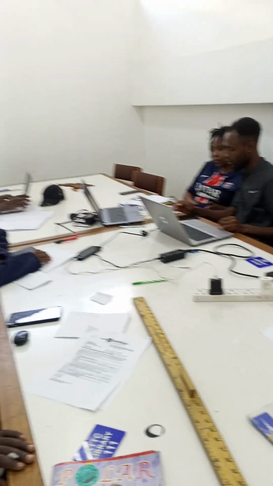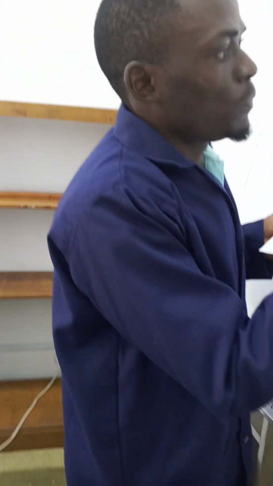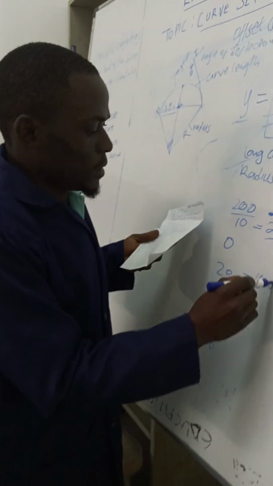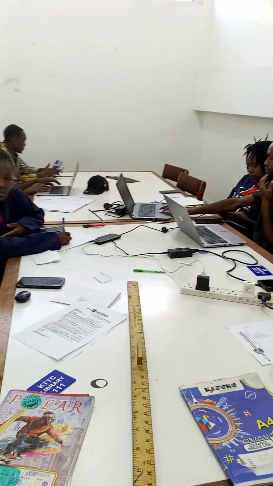So the formula is length squared all over 4 minus x squared. The entire thing will be 400 squared divided by 4 minus 0 squared, all over 2 times r, which is 100.